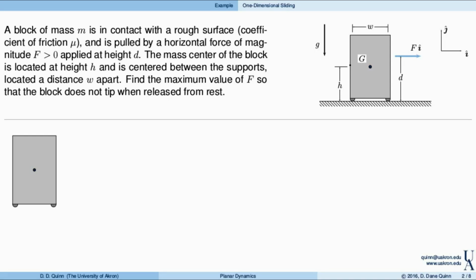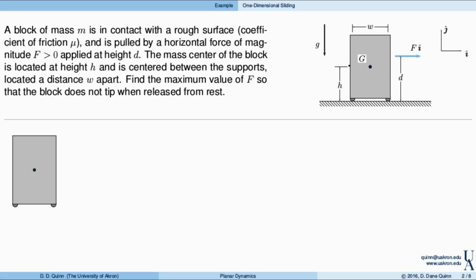So the mass center of the block is located at a height of h and is centered between the two supports. And I'd like to find the maximum value of the force F so that the block does not tip when it's released from rest.